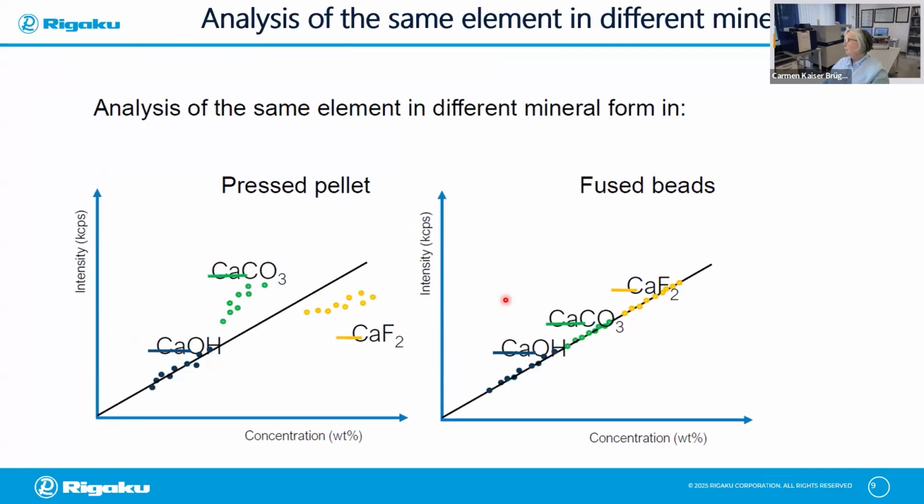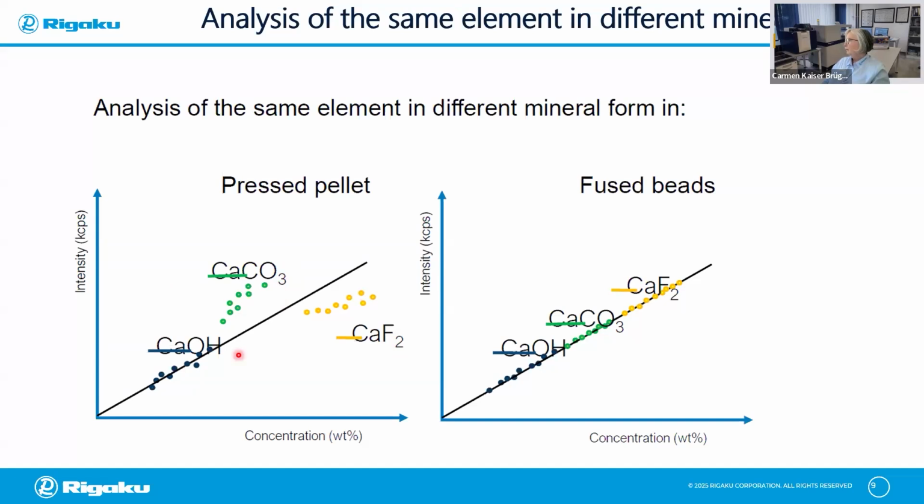So if you look at this diagram here, you can see two calibration curves. And if you have a pressed powder calibration, the matrix and the mineralogy play a big role here. So if calcium exists as a calcium hydroxide or a calcium carbonate or a calcium fluoride, you would get different groups of this calcium.